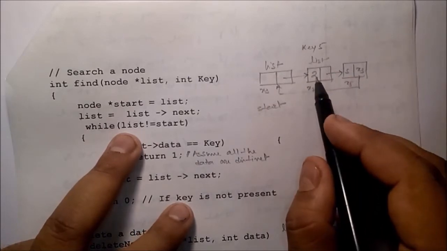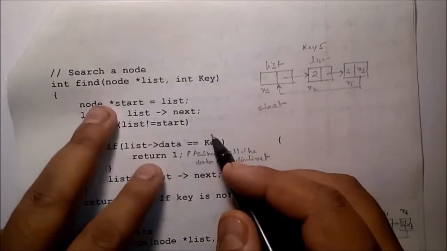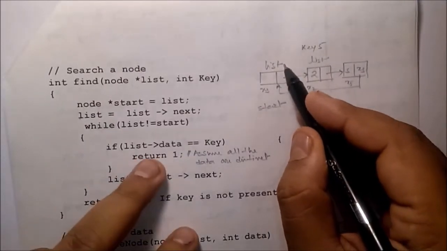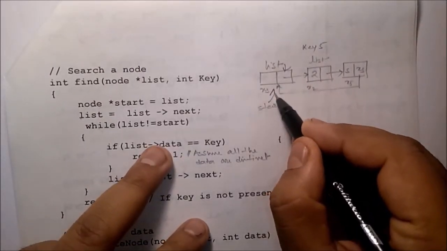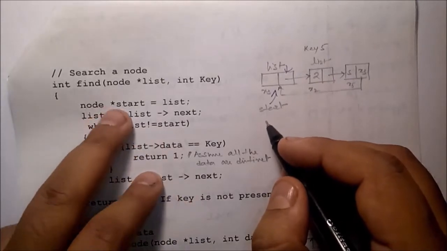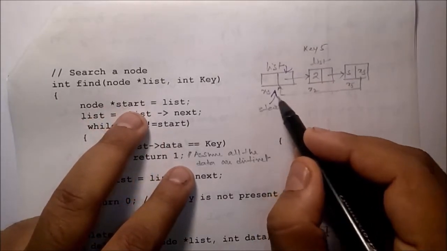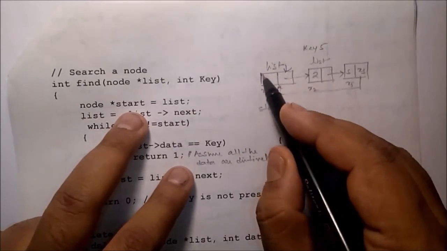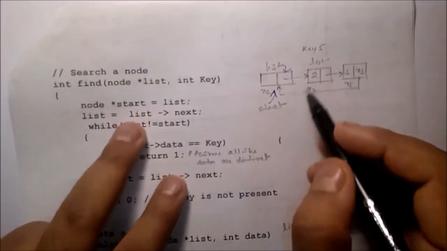Now we are passing the starting address, this is the start address. Both are indicating this first node, where we store the address of the first node.